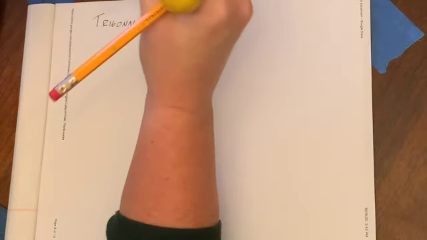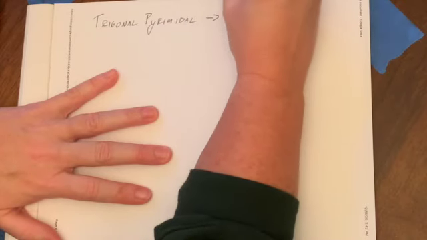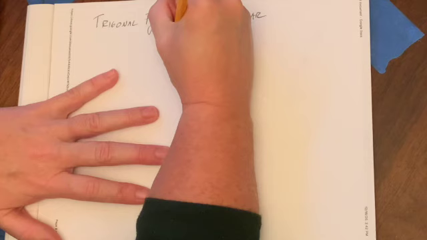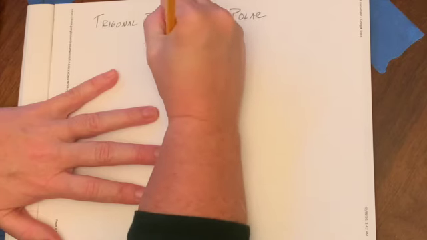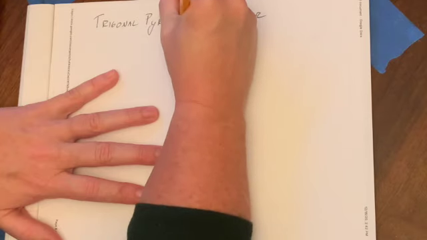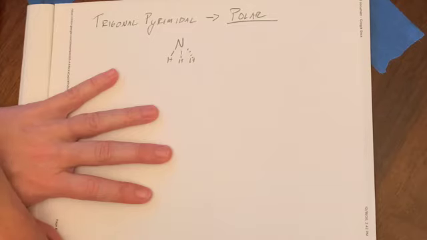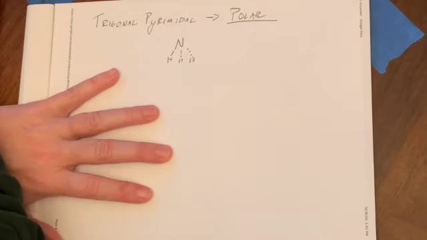So it has a top and a bottom. A pyramid, just by the shape itself, will always be polar. Because again, if we're talking about what a pyramid looks like, you have a top side, you have a bottom side. All trigonal pyramidals are going to be polar.